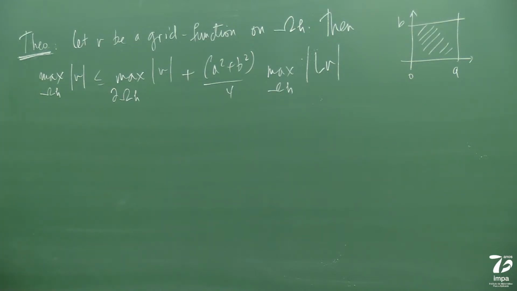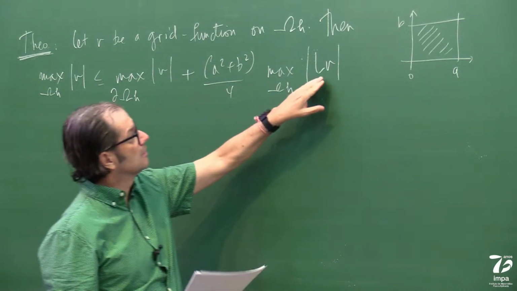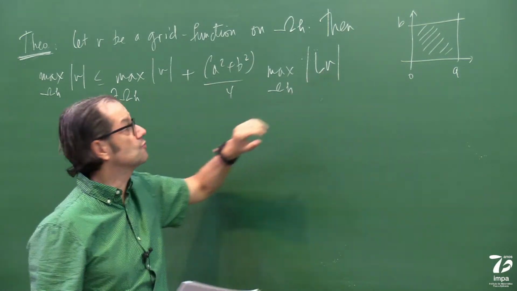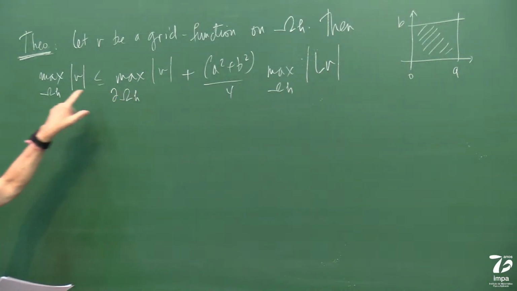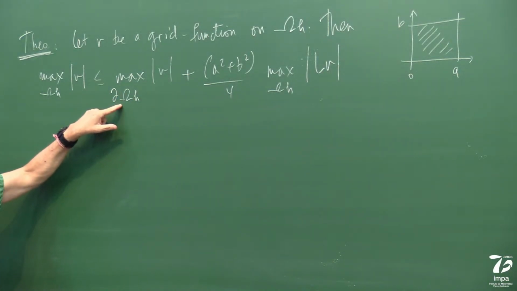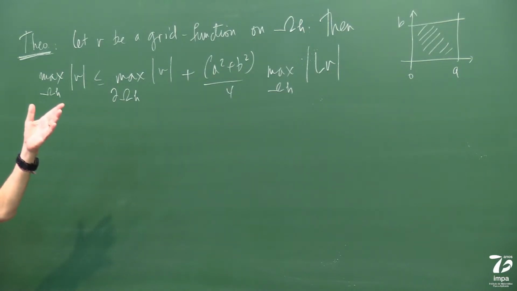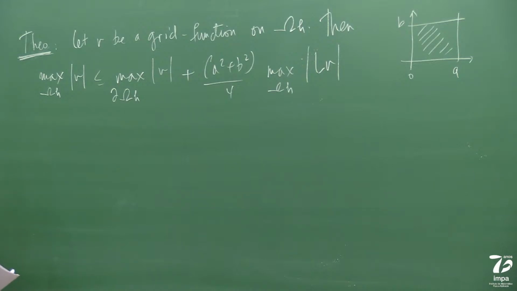If V was discrete harmonic, this would be a maximum principle for the discrete harmonic, and that's pretty obvious for the 5-point molecule, because the 5-point molecule is always taking the average of the neighboring points.